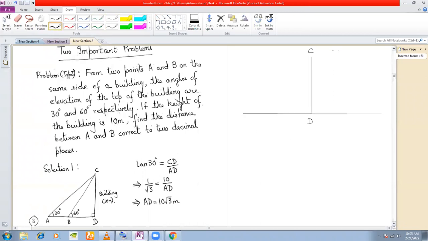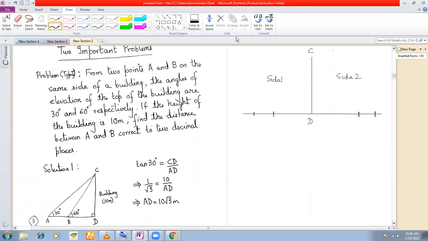Okay, now from 2 points on the same side of the building, same side means you have this side. Okay, it's right here. You have this side, your side 1, and this side as your side 2. So 2 points on the same side means 2 points on the ground can either be here and here, okay, or they can be here and here.